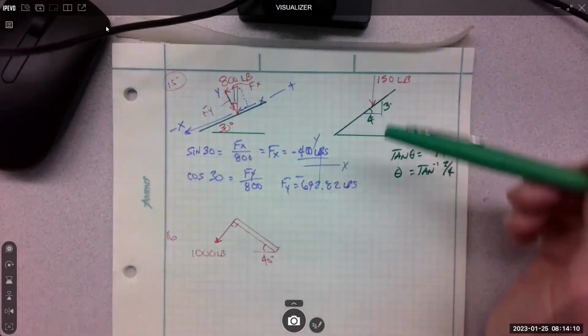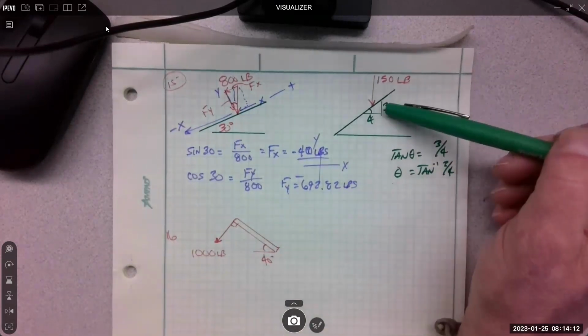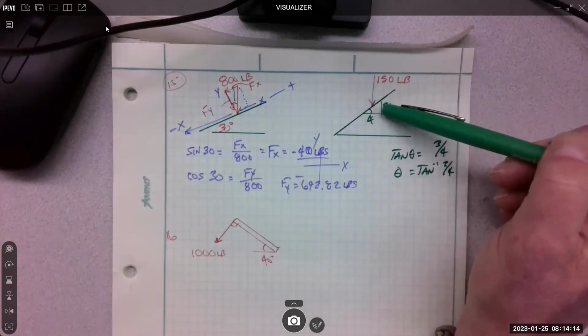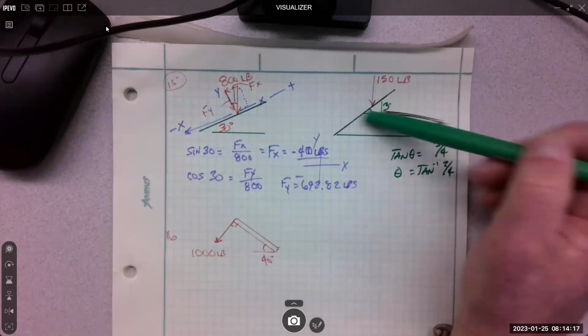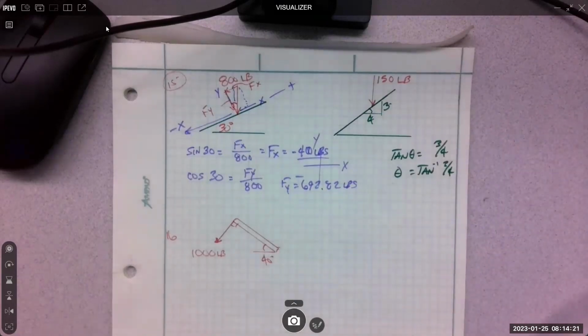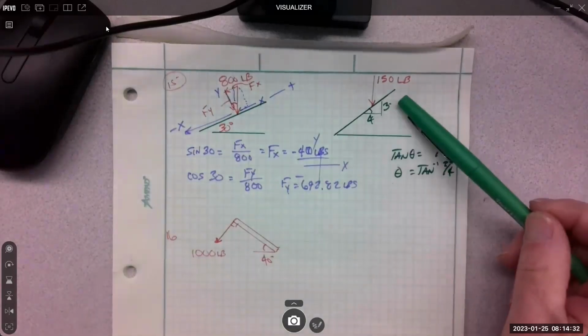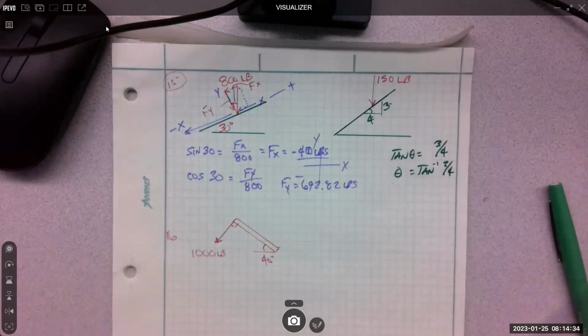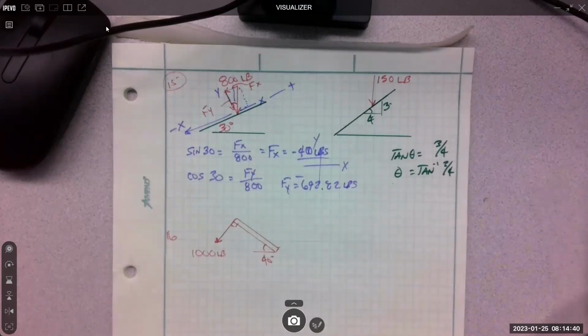In other words, the 150 relates to the 3 because they're both vertical, and then an X component would relate to the 4, so you can set up these ratios. I don't like to teach that because I've already taught trigonometry. So if you want to explore the whole ratio thing, go for it. But I take 3 and 4 and switch it into an angle. So that angle is 36.8698.